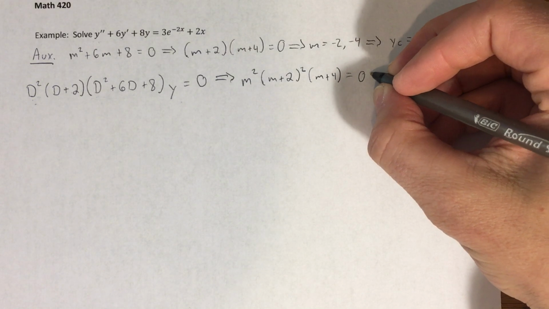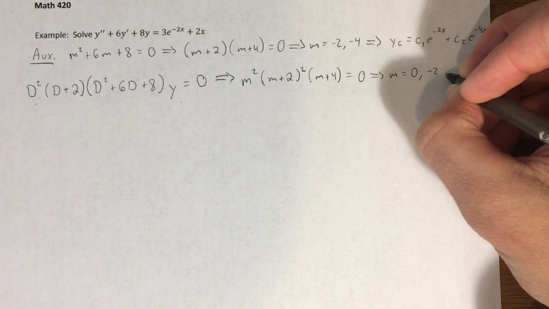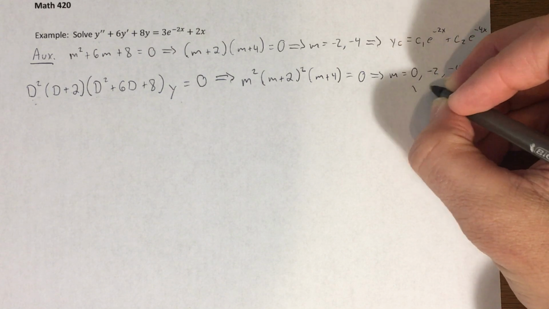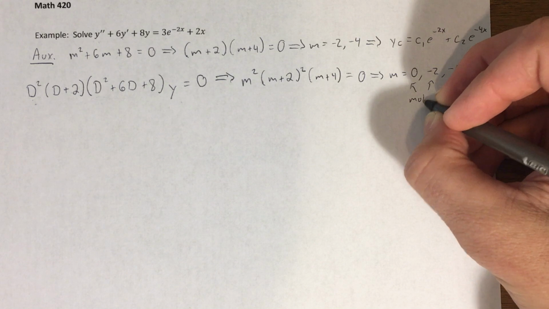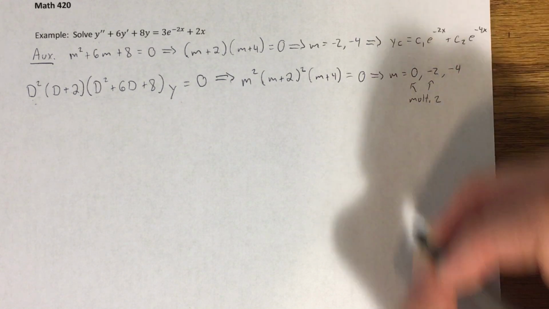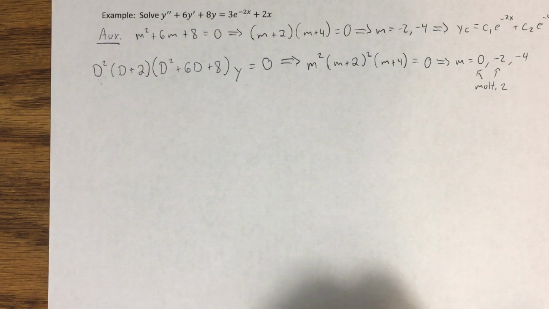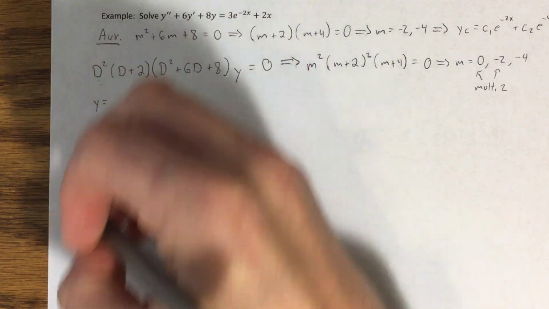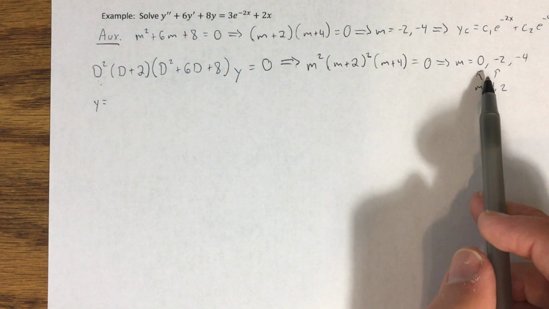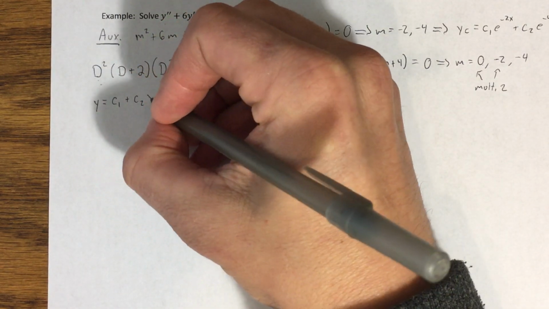This gives me the following solutions. m is equal to 0, negative 2, and negative 4. But both of these, 0 and negative 2, in this equation now have multiplicity 2. So I have to remember to use reduction of order when I'm coming up with their solutions. Okay, so that means that the solution to this homogeneous DE right here is y equals, let's see, for 0, I'm going to get c1 plus c2x.